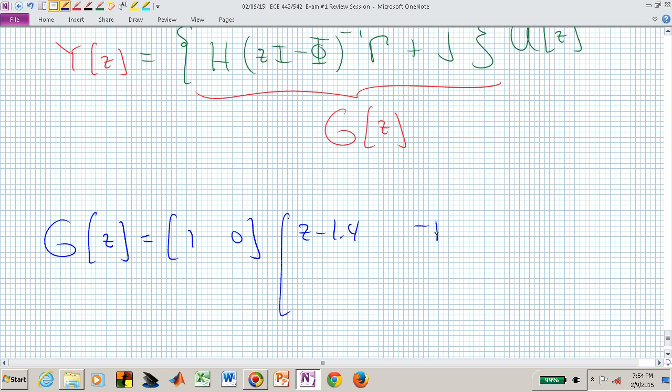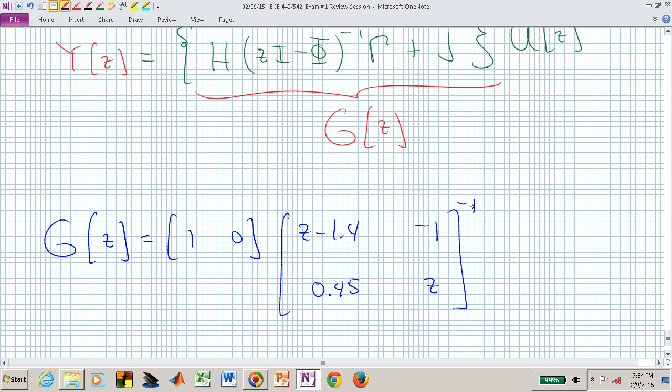We have minus 1 in the 1, 2 entry. We had a minus 0.45 in phi, which we're subtracting in the 2, 1 entry. That now becomes a 0.45. And the 2, 2 entry of phi was blank. It was 0, and we're taking Z minus that entry in the 2, 2 location.